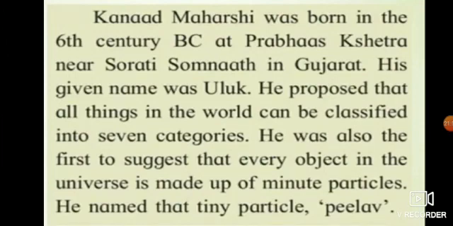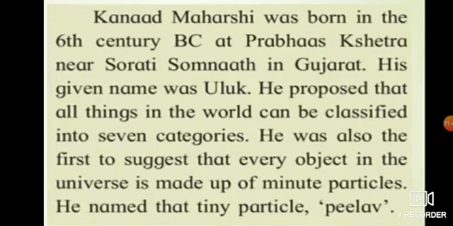Kannar Maharshi was a scientist. He was born in the 6th century BC at Prabhas Kshetra near Somnath in Gujarat. It can be asked in your exam also, girls, so please be careful and learn it. Sometimes we have pet names, correct?